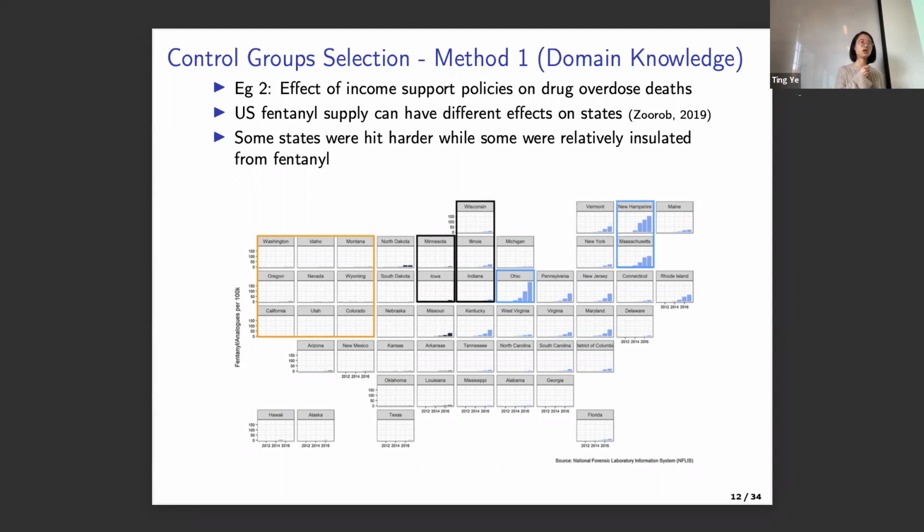And then these two control groups will be able to satisfy our assumption. Of course, you can think, okay, I can measure the US fentanyl supply and adjust for it, but there are also a lot of problems with this measurement. So if you think these measurements are problematic, but it's useful for selecting these control groups, then our method may be more preferable.